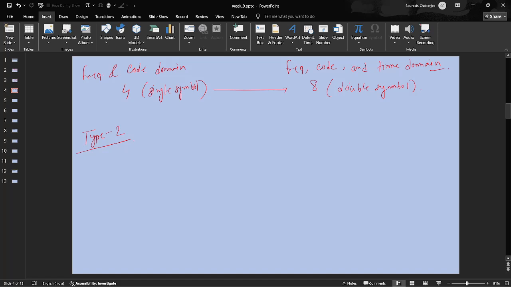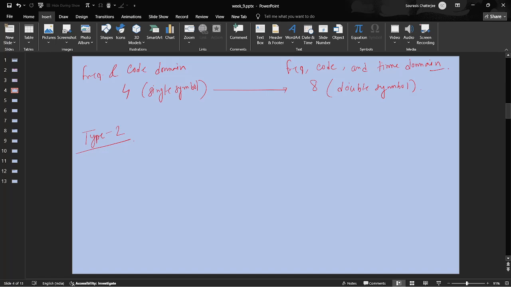Can we have more reference signals or fewer? In single symbol we can have 4 for type 1. When it comes to type 2 single symbol, can we generate more reference signals or fewer than that? More reference signals. No, it is 12.